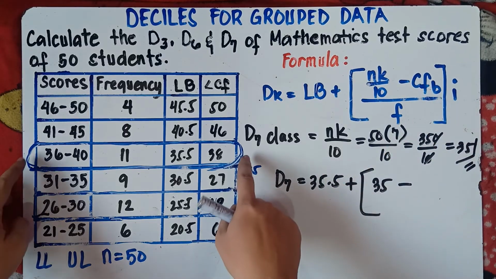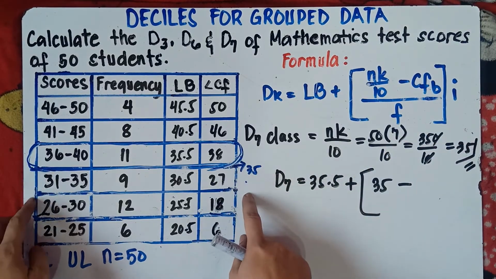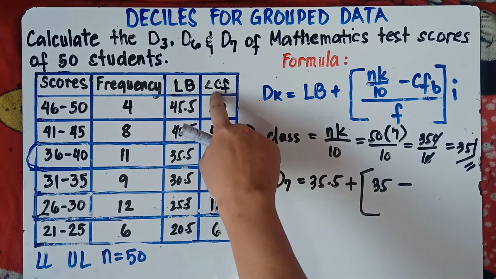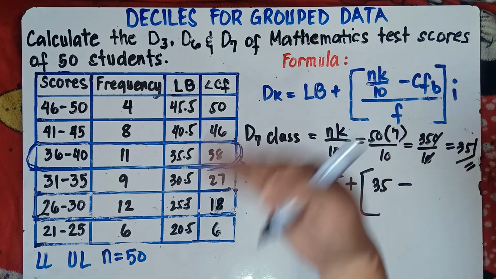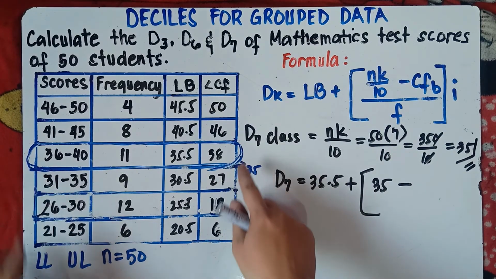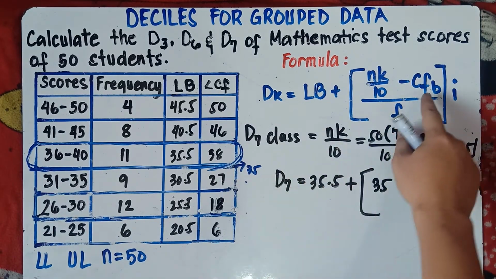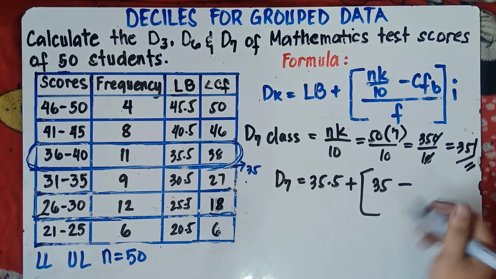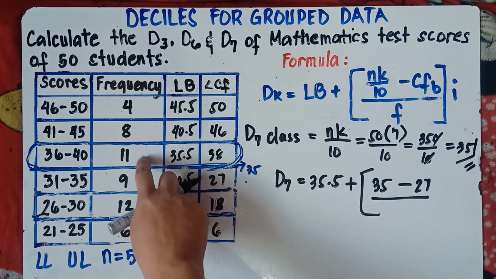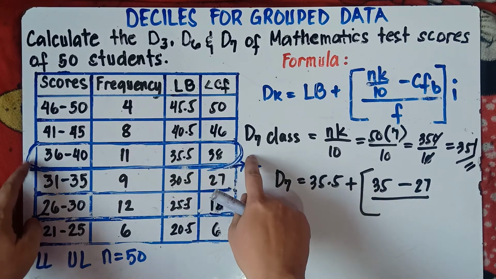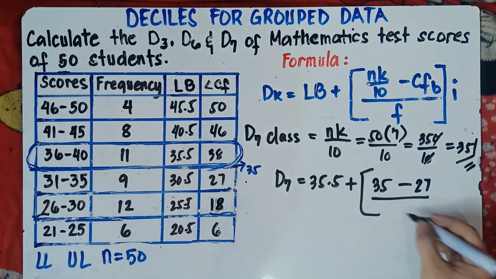Once again, this is our 7th decile class. The previous class, this will be 27. So 35 minus 27, over our frequency in this particular class, that is 11.